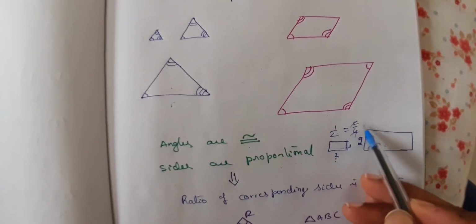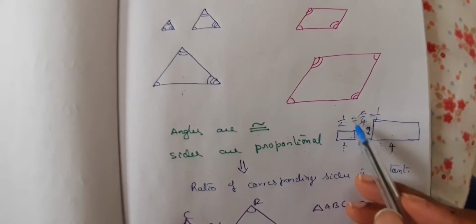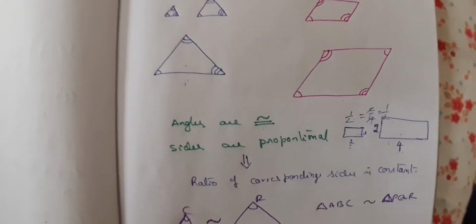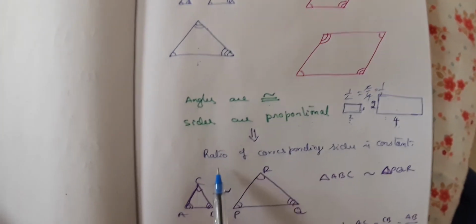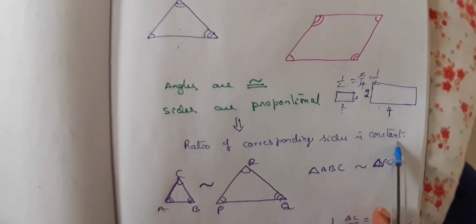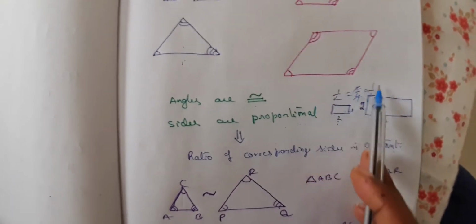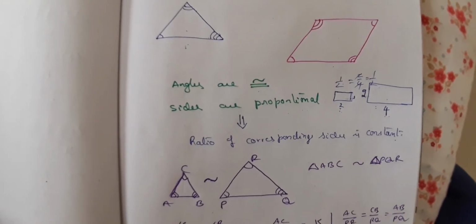When you simplify it, it is again 1 by 2, isn't it? That is the meaning of being proportional. Sides are proportional, so in simple terms, the ratio of corresponding sides is constant. You should get the same constant value for the ratio of corresponding sides.